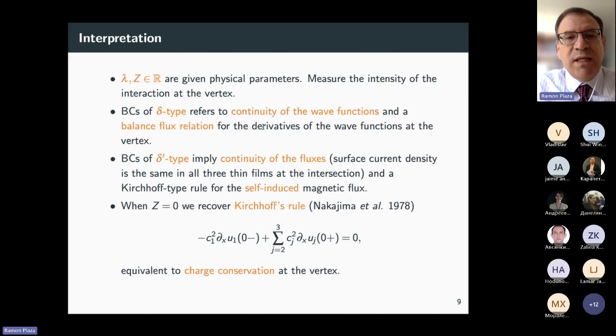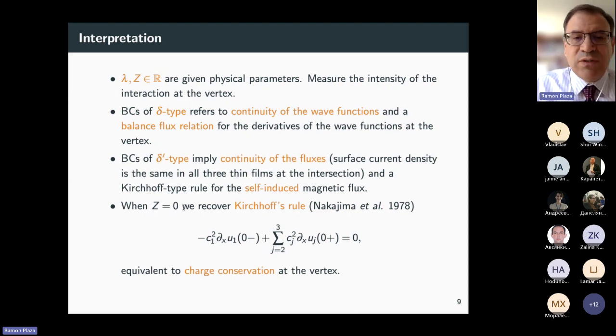So this is actually a conservation of charge, so to speak. Boundary conditions of delta prime type imply continuity of the fluxes. The surface current density is the same in all three edges at the intersection. So one is actually conservation of the current, delta prime, and the other is conservation of charge, delta type.